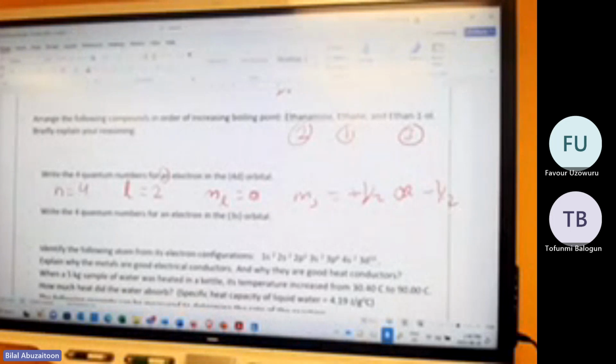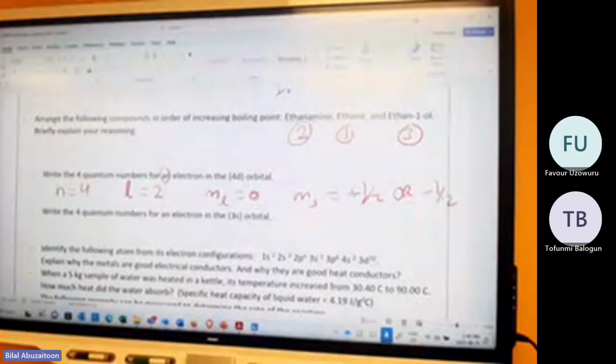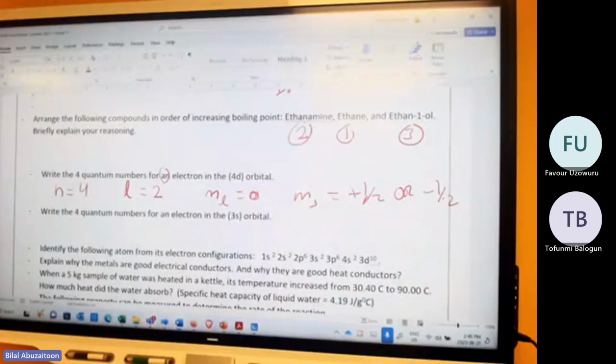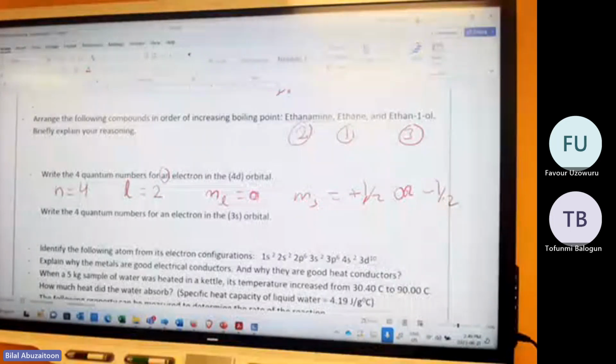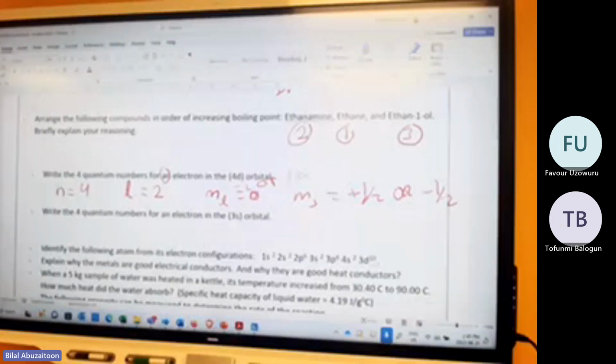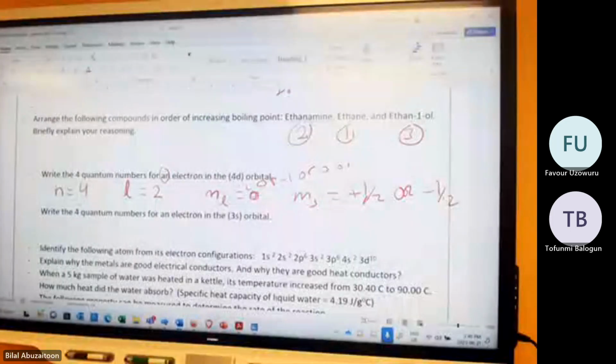Why that 0 and not -2, -1? It's up to you. I told you any one of them. 0 is an example. You can write -2 or -1 or 0 or up to +1, +2. But if you write just one value, I'll accept that.